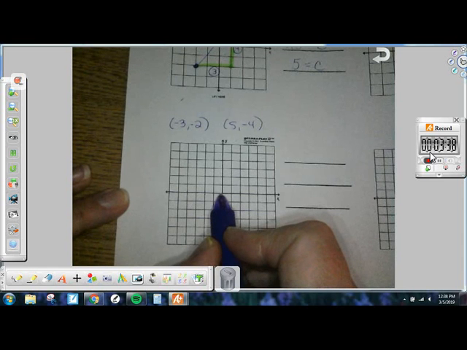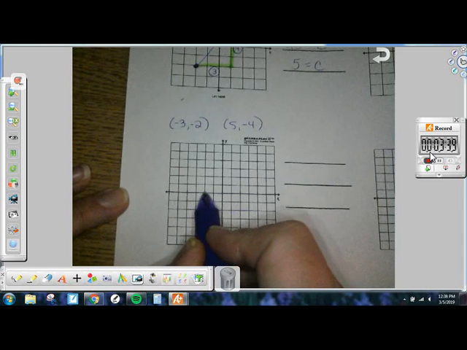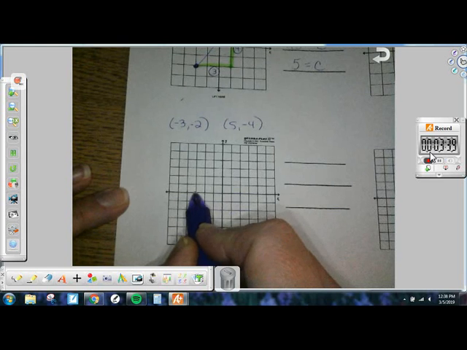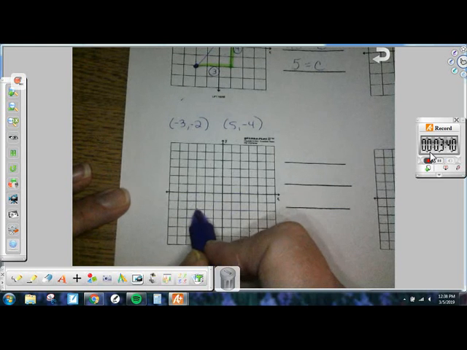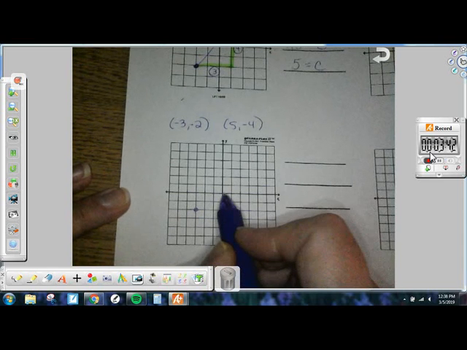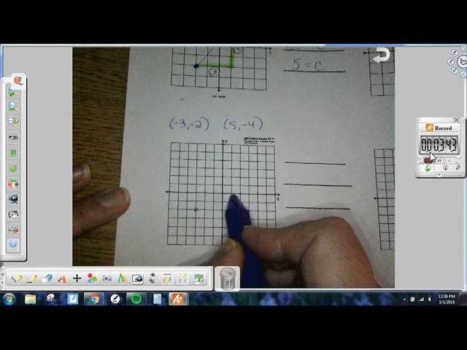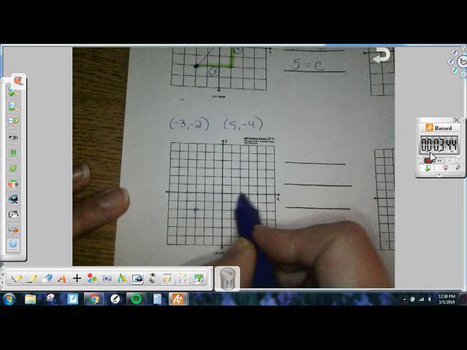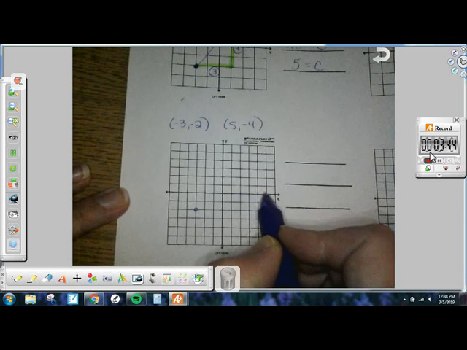Number 4 is 0, comma, negative 6, and 5, comma, negative 1. And the final one down here is 1, comma, 6, and negative 7, comma, 9.